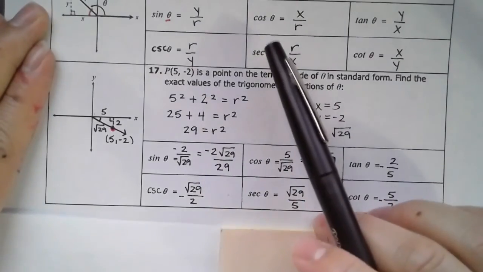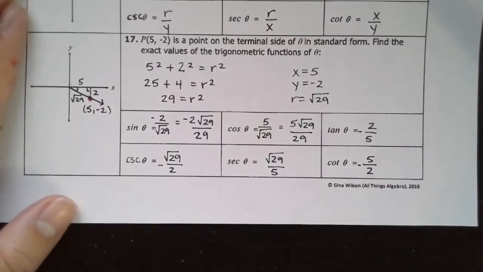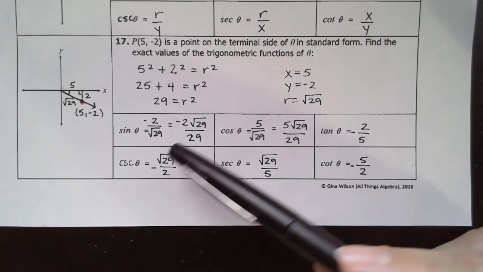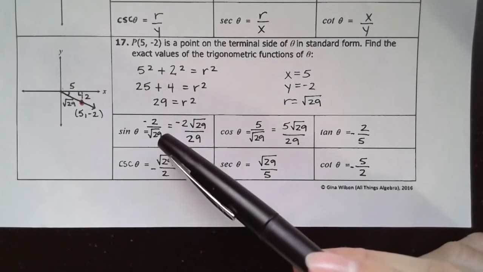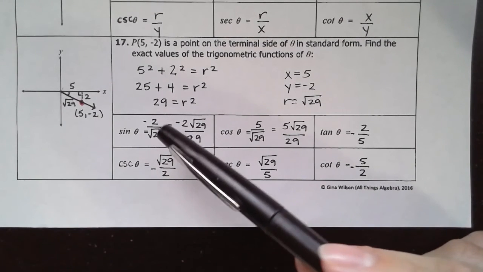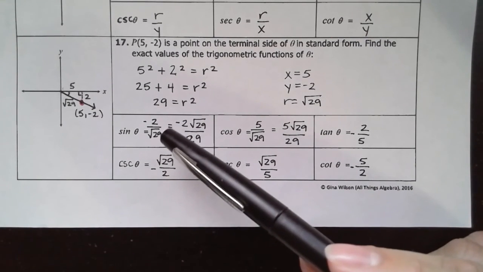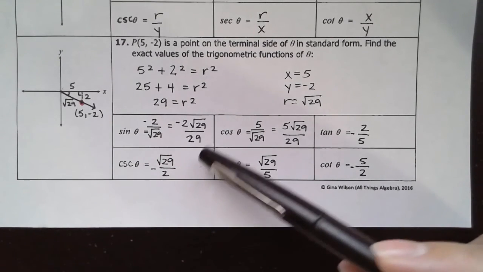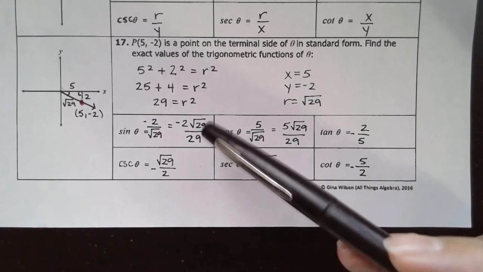So these are it. Just go ahead and show you. Okay, so this is what I have. Just a reminder, you do not want a radical in the denominator, so you would have to multiply top and bottom by that radical, and then you get this expression here.